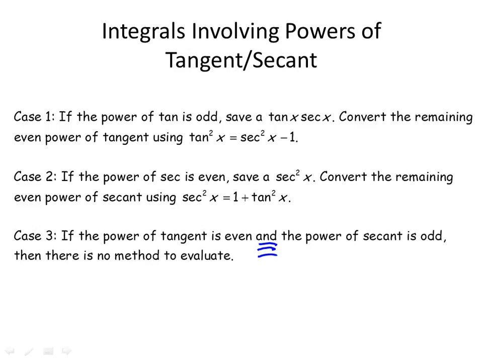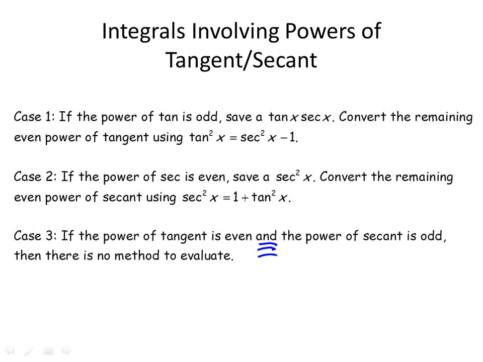That's case 1. Case 2, if the power of secant is even, save a secant squared. Reason being, you convert the remaining even power of secant into a secant squared and then use your trig. Because look on your Cal 1 sheet, what's the derivative of tangent u?